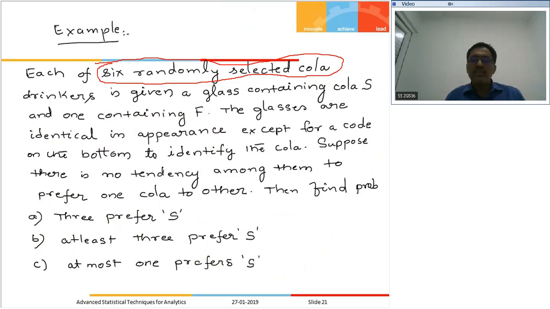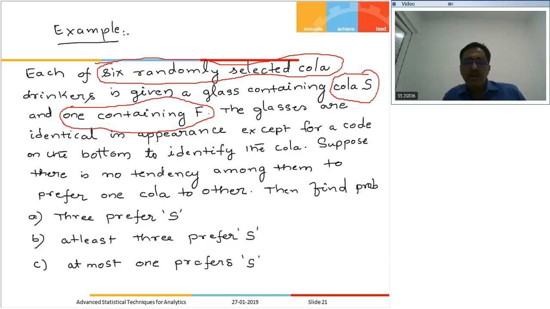Six randomly selected cola drinkers are each given 2 glasses. One glass contains one type of cola, that is S, and the other contains another type of cola, F. The glasses are identical in appearance except for a code on the bottom to identify the cola. Suppose there is no tendency among them to prefer, that is, no fixed pattern.